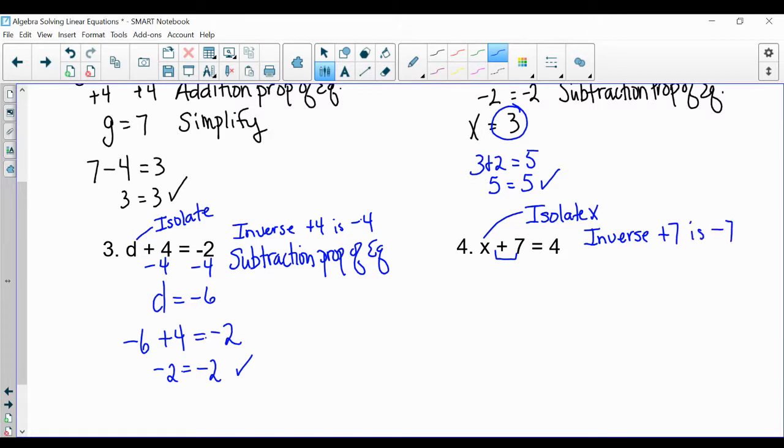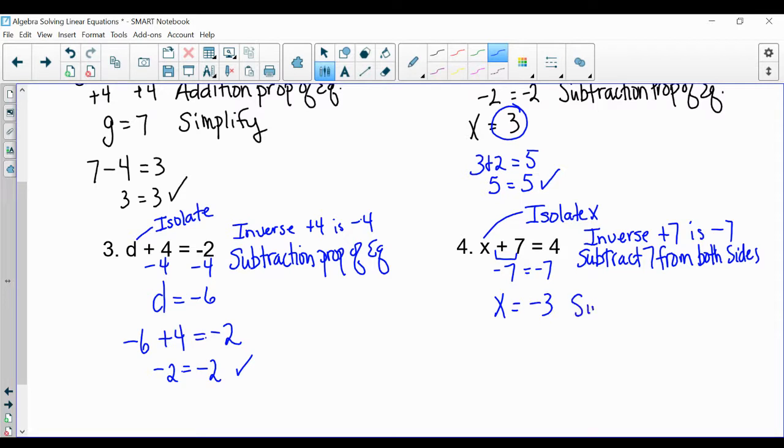Therefore, I'm going to subtract 7 from both sides. Minus 7 is equal to minus 7. So now x is equal to a negative 3.